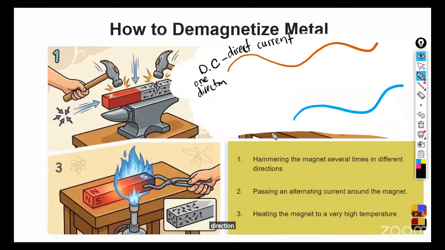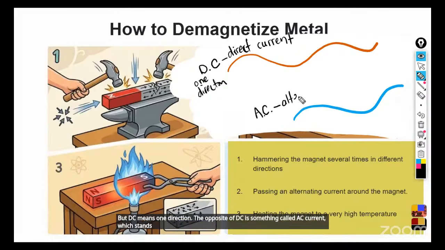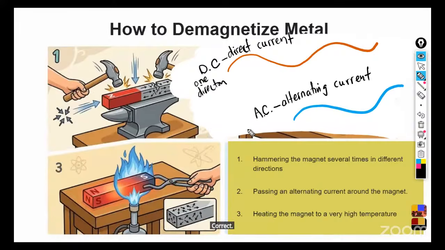I know I spelled it kind of wrong here, but DC means one direction. The opposite of DC is something called AC current, which stands for alternating current. And effectively, AC means not one direction, sorry, but two directions.